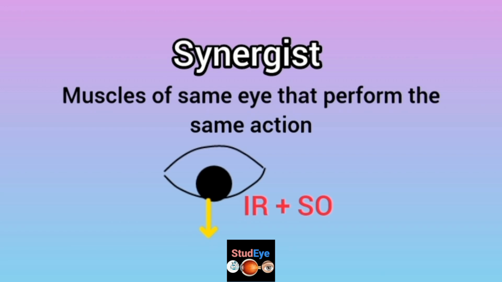In this picture you can see the depression of the eye. In depression, the inferior rectus and superior oblique are active, and they pull the eyeball downward, right? This depression is done by these two muscles in the same eye. So these are the synergists.